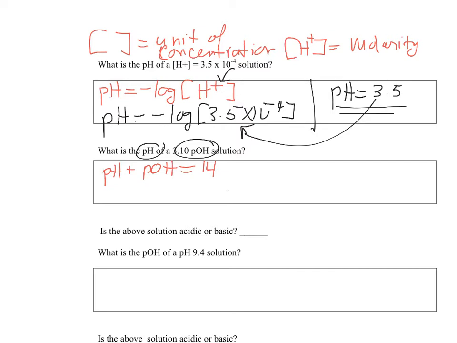So they're giving us the pOH. I'm looking for the pH. So pH plus 3.10 equals 14. And as you can see, what we have to do is subtract 14 minus 3.10. And 14 minus 3.10 is 10.9.